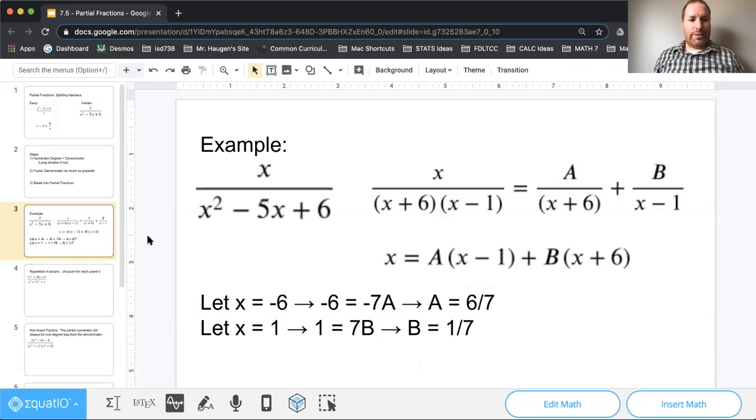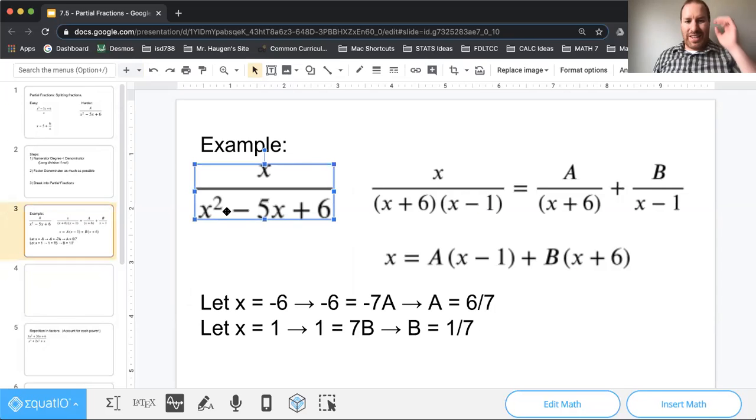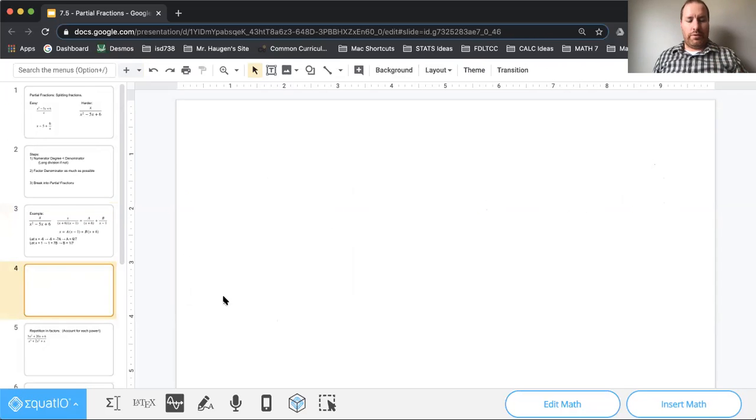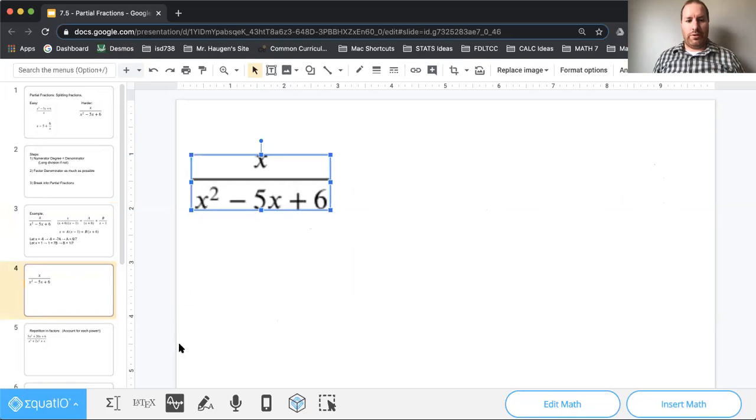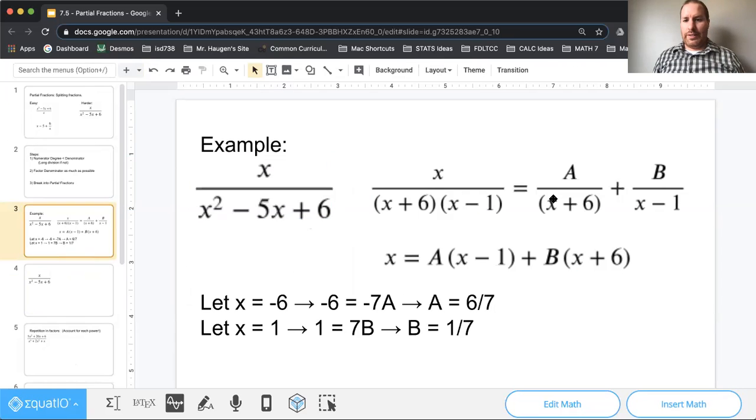So let's make a new slide so we can put that stuff down. What that means is we've taken this expression and broken it down into its pieces. We have a is 6/7, so that would go here. B is 1/7 in that case. So I'm just going to grab this so I don't have to retype that whole thing.